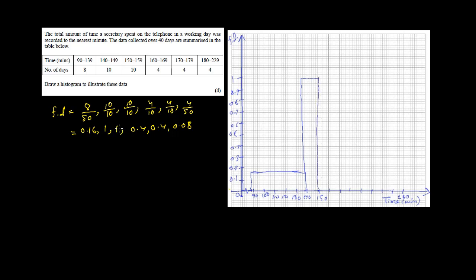The next one is 149.5 to 159.5. So this is going to be 160. So 159.5 is here. This is also going to be 1. Now we have this up to 169.5, so it means 170, and this height is 0.4, so 0.4 is this.